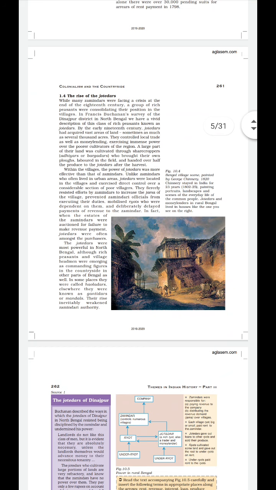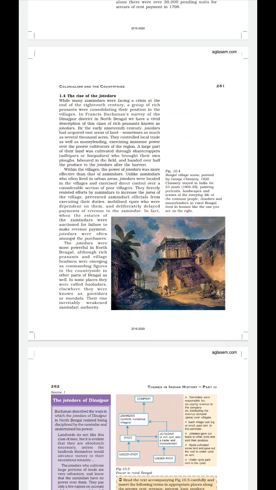The Jotedars had a vast area of land, and they controlled the local trade. They were also moneylenders. Over the particular region where they had their hold, they used to show their power to the poor cultivators and give them orders, to cultivate this and do that.